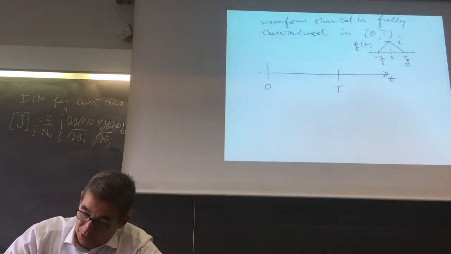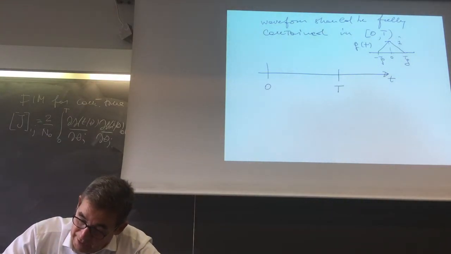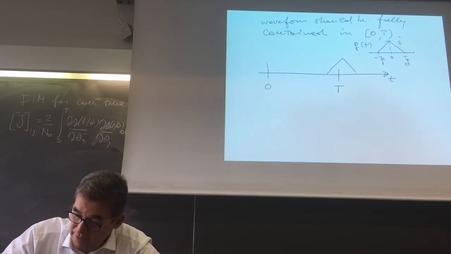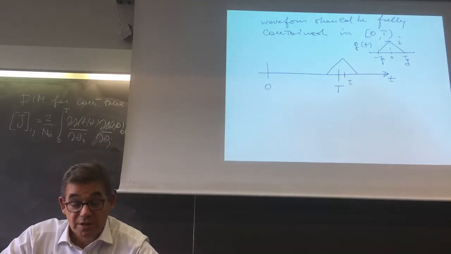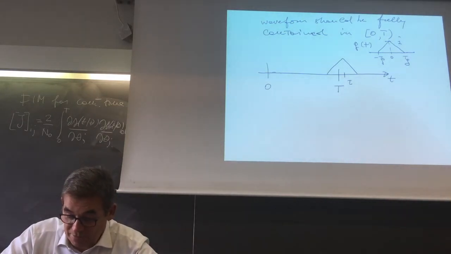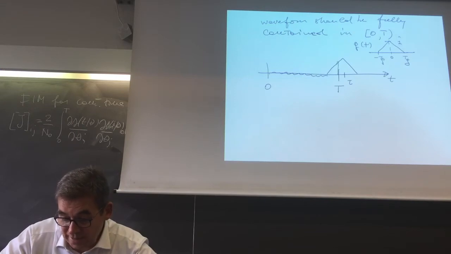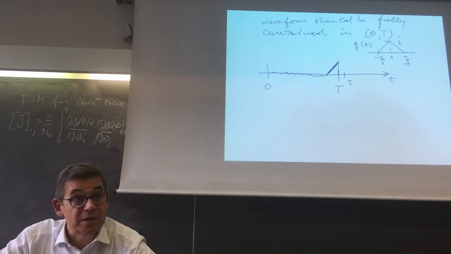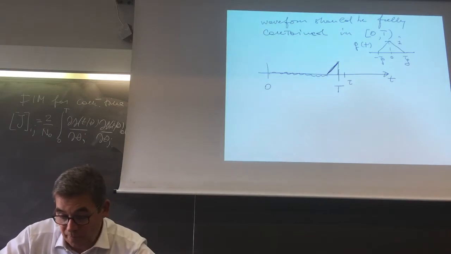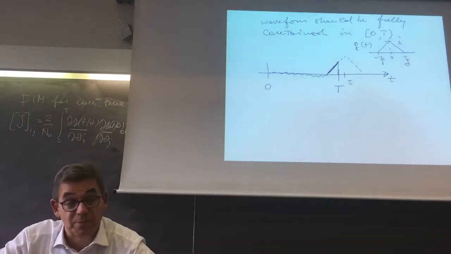Now, if the delay is very big, then my waveform goes like this. So what happens? What I measure here is the noise plus the tail of the data. The rest is something that does not exist. I'm not measuring that. So, this is a very simple example.